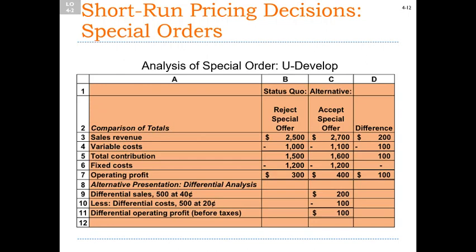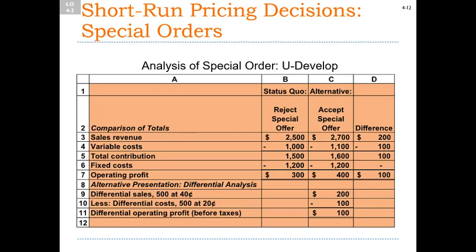So their total contribution margin goes up $100 because they're bringing in an additional $100 of sales revenue over variable costs. Fixed costs do not change, therefore they're irrelevant to our decision. Thus, $100 additional operating profit would be made from this special order.